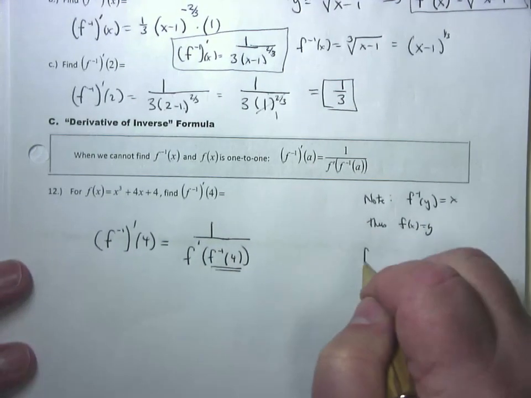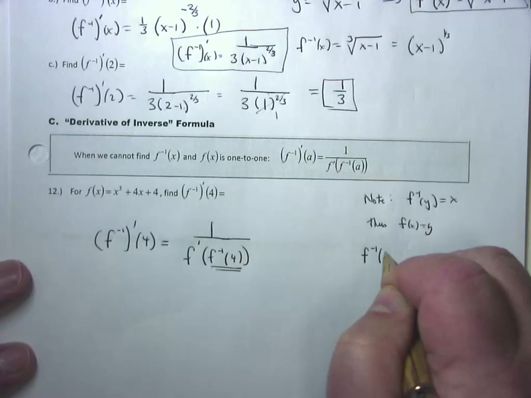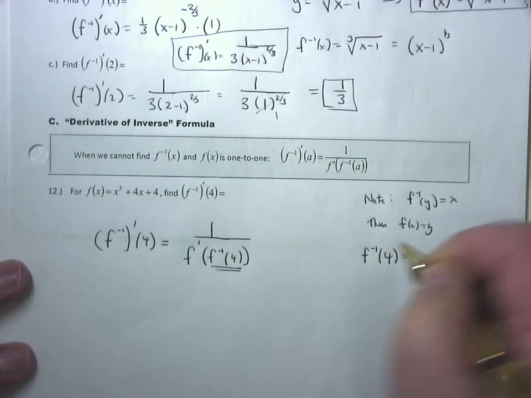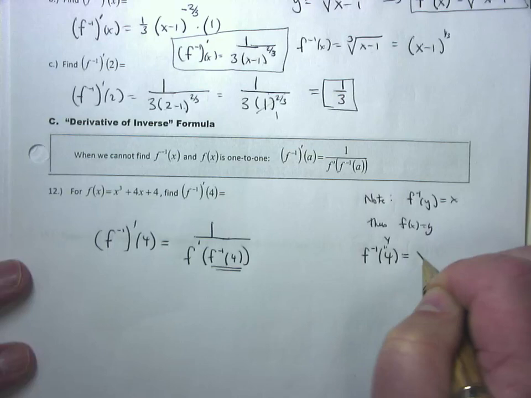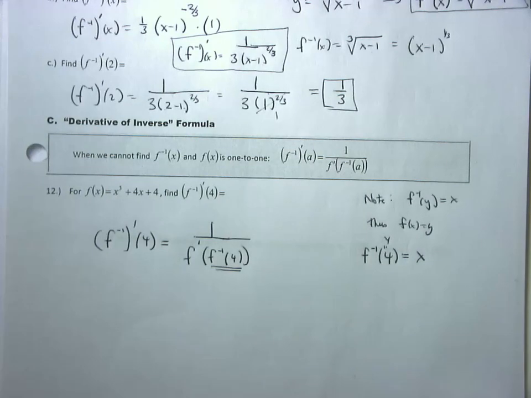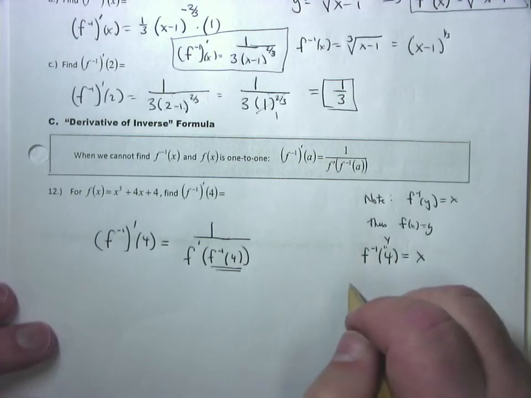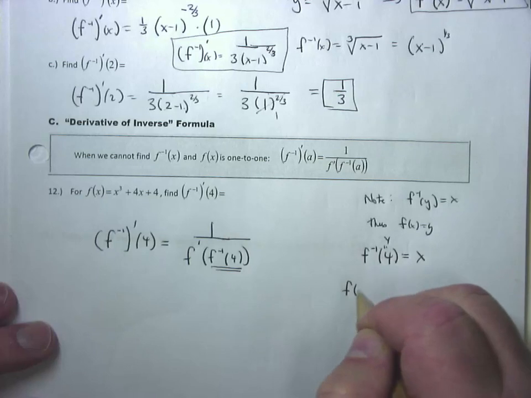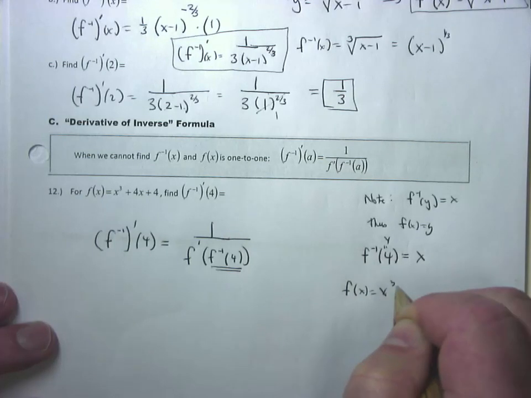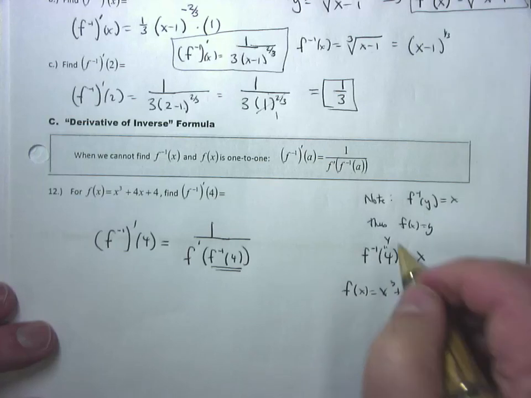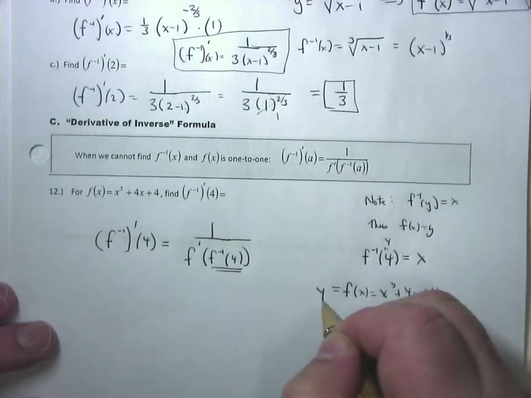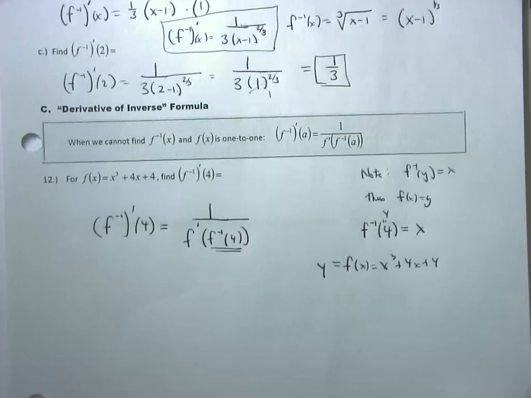If I'm looking for f inverse of 4, the 4 is the y coordinate and we're setting it equal to x. But remember, they got f of x is equal to x cubed plus 4x plus 4. And remember, y in your function is the same thing. So when they say, what is f inverse of 4, they're telling me the y coordinate. Y is 4.